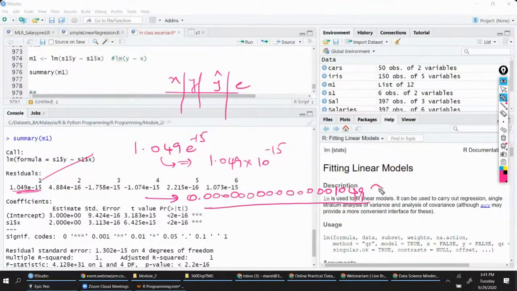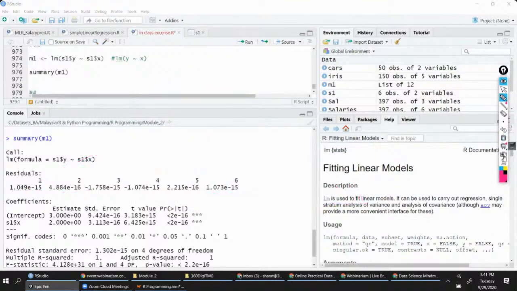I can simply say equal to 0. Right? So the first error is 0. Second error is also 0. Third error is also 0, 0, 0, 0. Because it's a tool, it is calculating at very, very high accuracy levels, and it is able to get these things. But ultimately, for naked eyes, it is 0. So that's your residuals, errors.